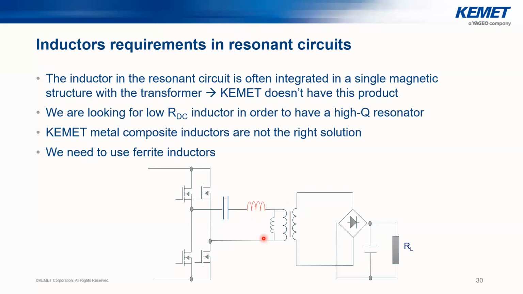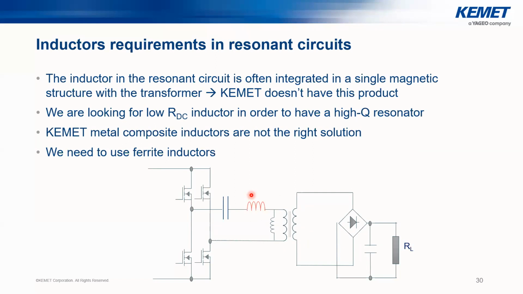To reach this requirement, let me first say that we do not develop transformers at KEMET, we develop only inductors. So if the resonant inductor is developed outside the transformer, in this case, we can provide a solution. And the requirement is the same as for the ceramic capacitors, or resonant capacitors, sorry.